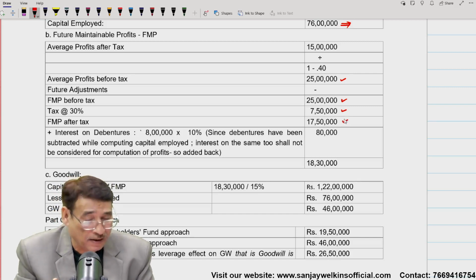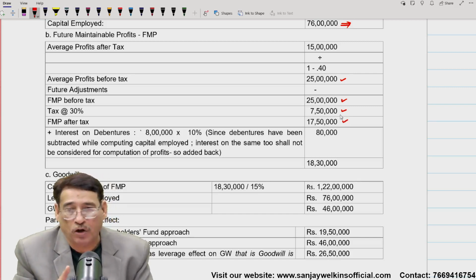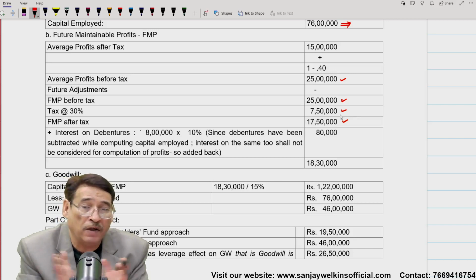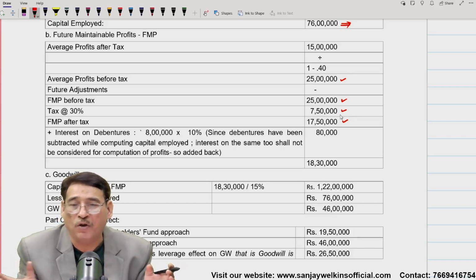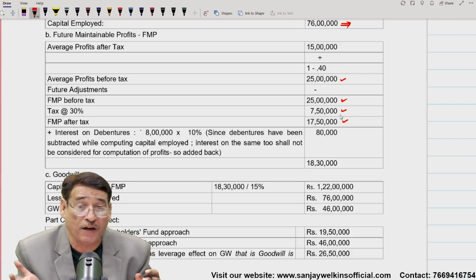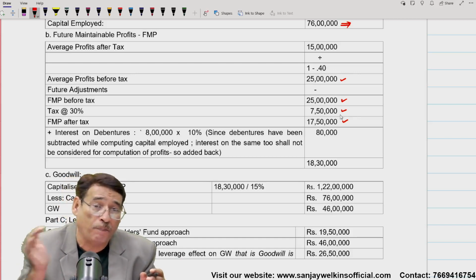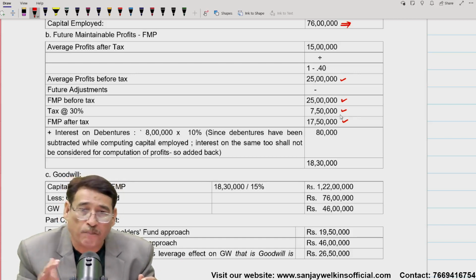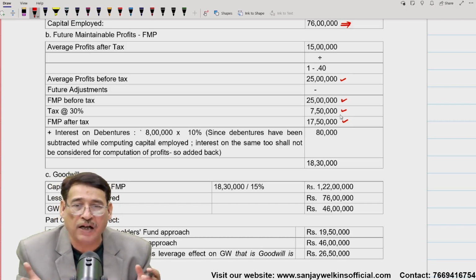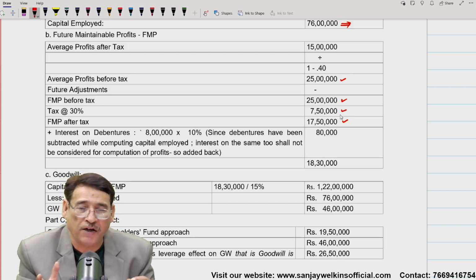And here, because you are not considering debentures as a liability but as a part of capital, whatever interest you paid so far, correct? Interest on debentures: 8 lakh is the debenture, 10% is the rate of interest.